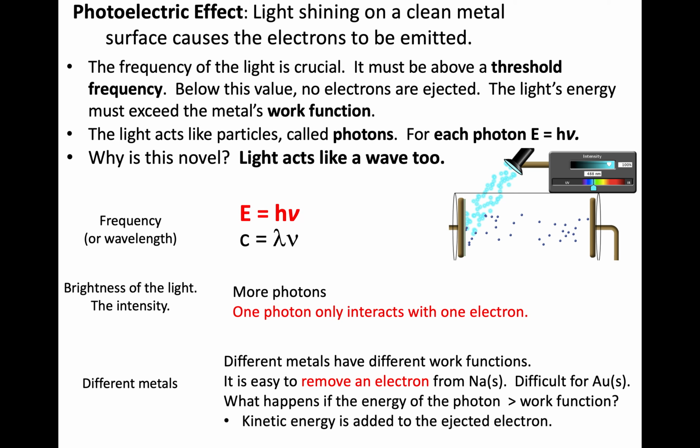Now, why are we talking about the photoelectric effect? Why is it important? We're going to use this idea a lot within the chapter. We will definitely be using this idea of E equals h nu because we're going to be interested in the energy of these particles of light. This idea of a photon interacting with an electron, we are going to use that to study and learn more about the electronic structure of the atom, where the electrons are found and their energy levels.